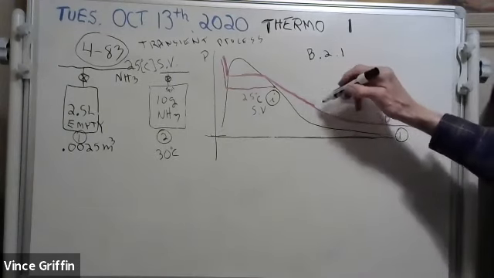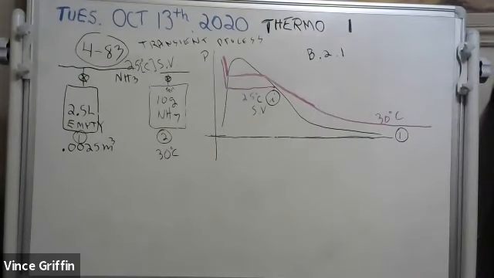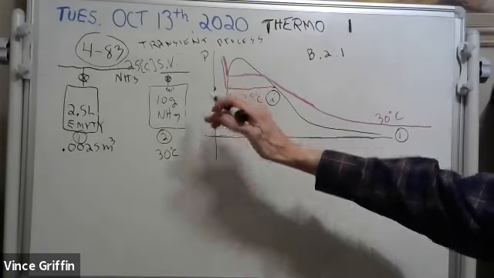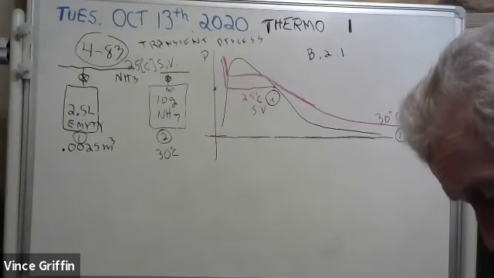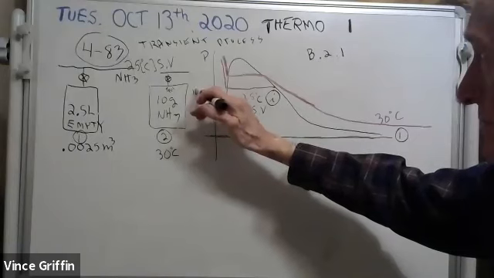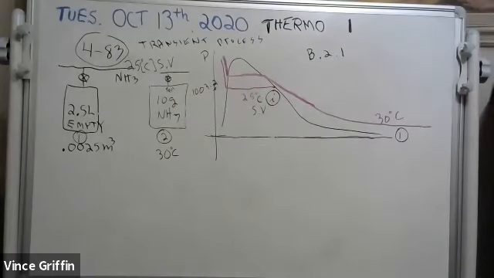Well, I don't know where state 2 is. What is this pressure here at 25 degrees? It's 1,003.2. That's what it is at 25 degrees.